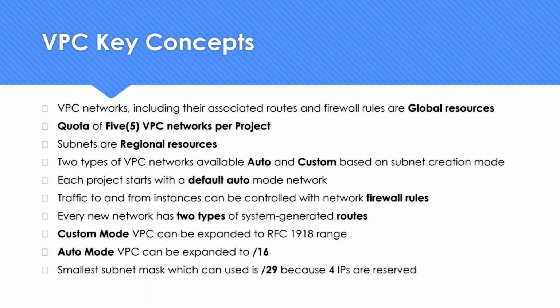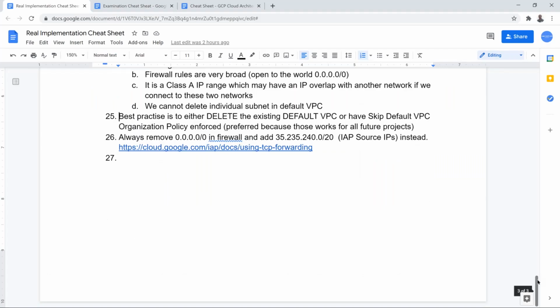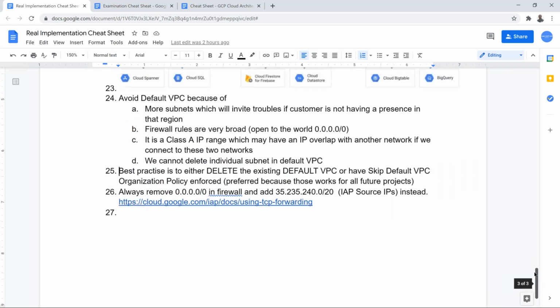So before the break, we saw some more concepts about firewall rules, routes, all those things. I had tried to put it as a summary page here. Before we understand it, we'll update our implementation cheat sheet about why you should not have the default VPC. One of the reasons is quota. Let's add that part. Avoid default VPC.